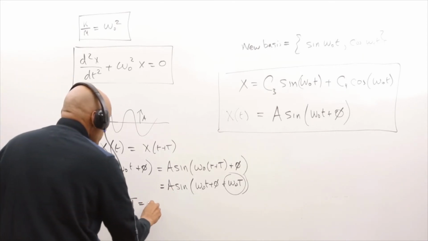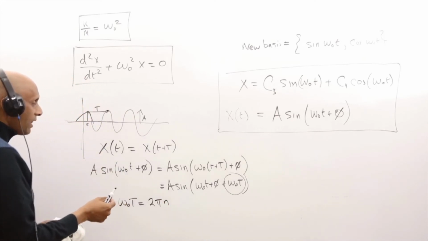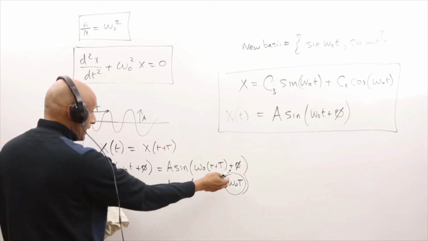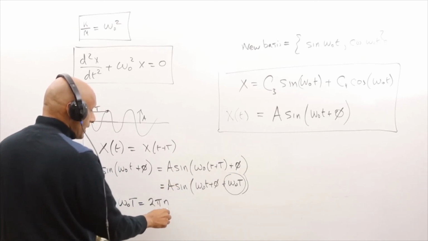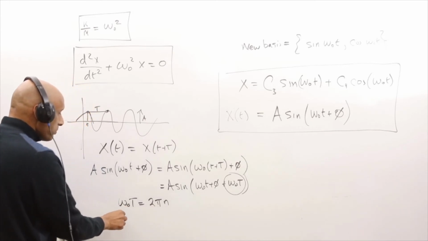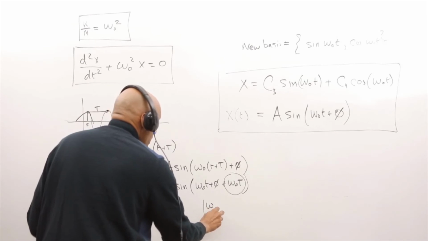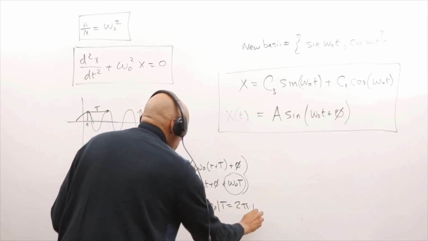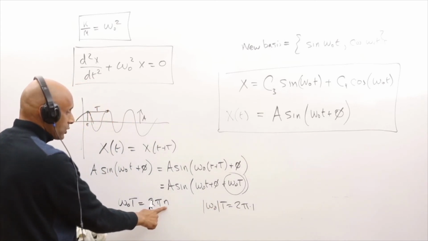So we're expecting 2 pi n. But the smallest value of n that's not 0, otherwise we'll have the same functions, would be plus or minus 1. If I use plus or minus 1, I can rewrite this and say that the magnitude of omega_0 times T is equal to 2 pi times 1. Notice I used an absolute value because this could be plus or minus 1.